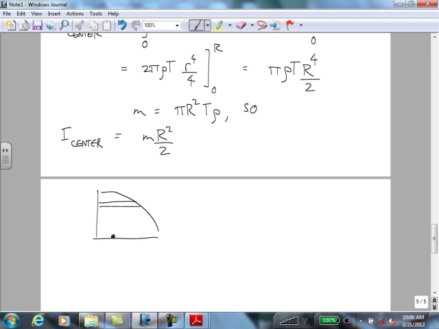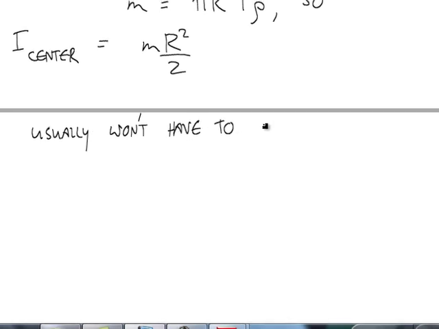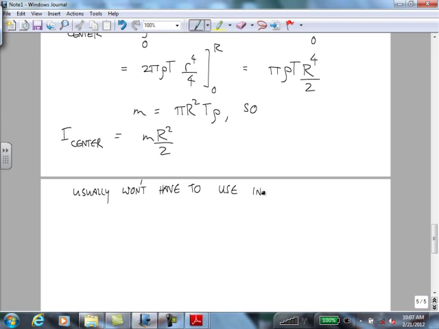Okay, so usually you won't have to use integrals. So I have 4 simple shapes here.